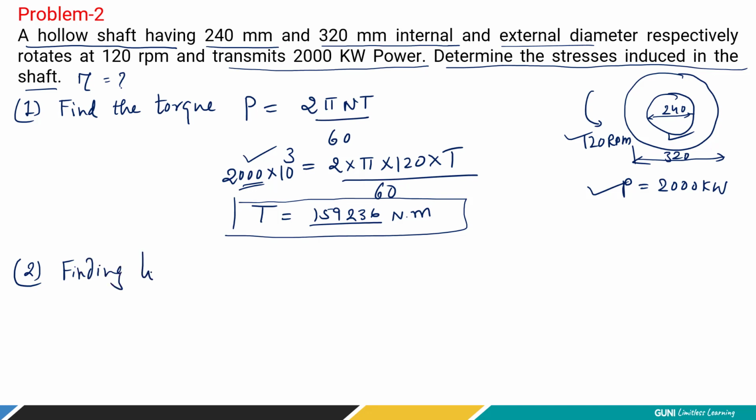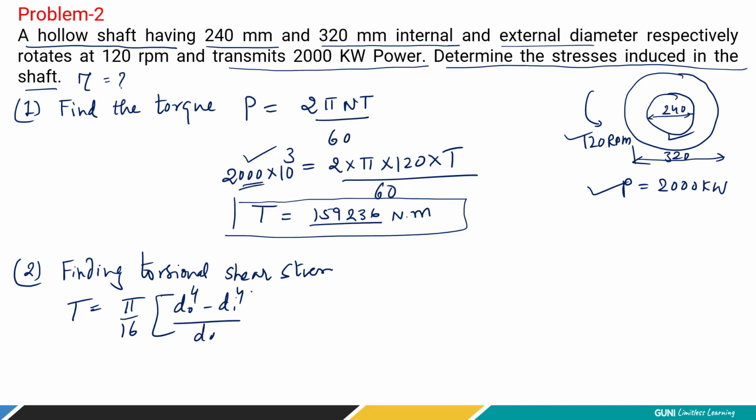For this we are going to use the equation: torque is equal to pi by 16. Here it is a hollow shaft, so we have to use D outer to the power 4 minus D inner to the power 4, divided by D outer, into the torsional shear stress induced in the shaft.